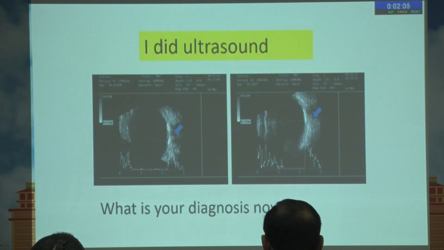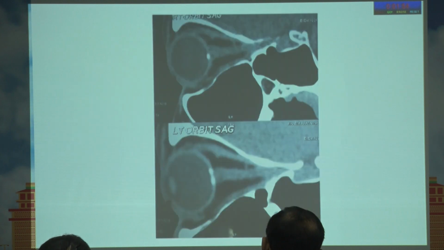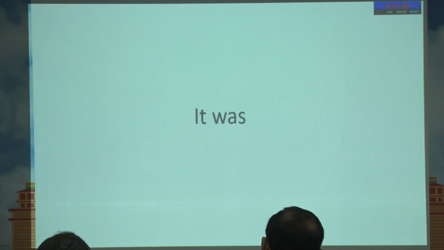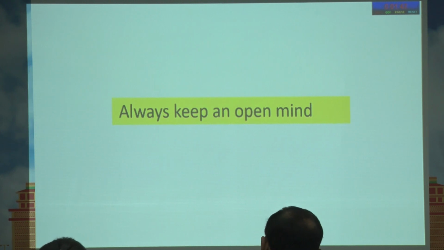I did an ultrasound, a simple ultrasound, and ultrasound clinched the diagnosis. What is the diagnosis? Choroidal osteoma, and the CT scan clinched the diagnosis, choroidal osteoma. Always keep an open mind. Don't be carried away by a diagnosis made by somebody else, even if it is a higher institute.